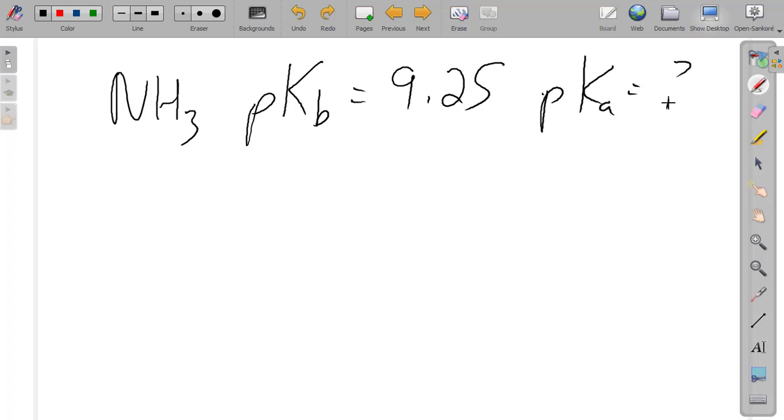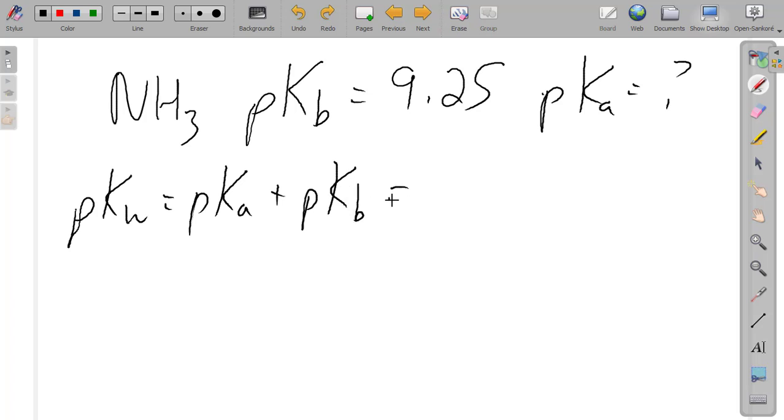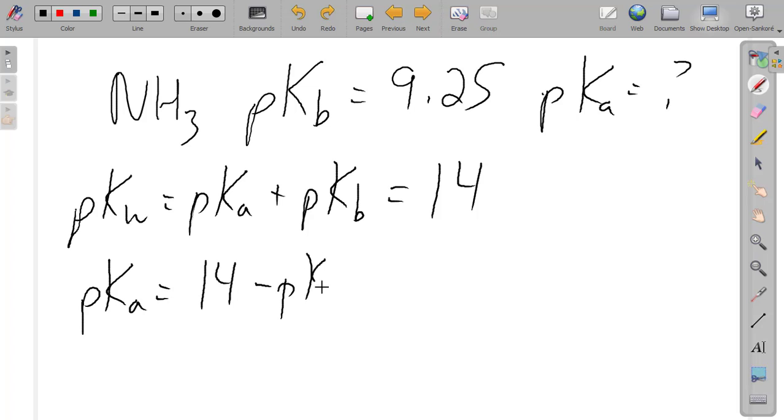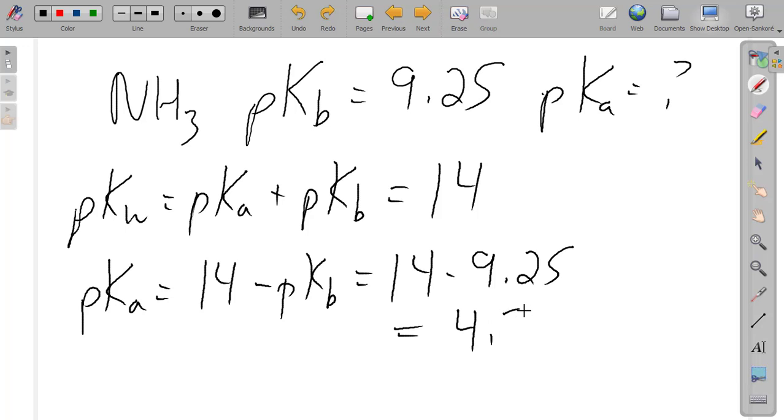And because we know that pKw equals pKa plus pKb must equal 14, to get pKa, that must be 14 minus pKb, and that's 14 minus 9.25, and that's going to be equal to 4.75.